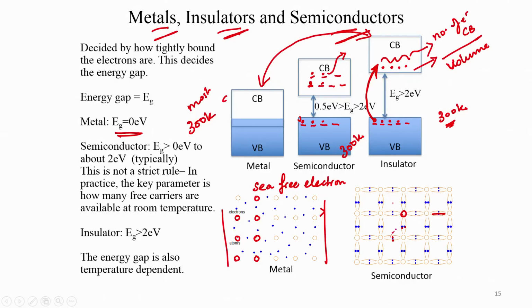But upon receiving some amount of energy, say thermal energy, it is possible for the electron to escape the clutch of this atom, the clutch of the nuclei, and enter the crystal and begin to conduct through the crystal. This electron which escapes leaves behind a vacancy, and that vacancy is called a hole.